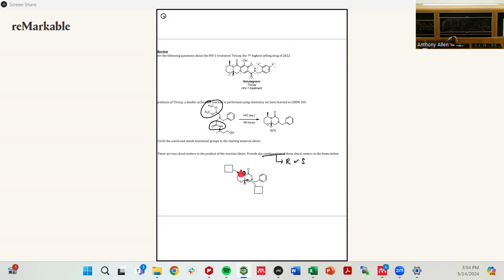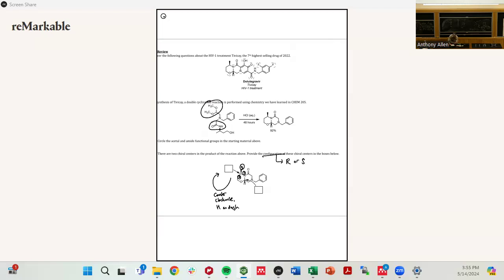It's one, and then this is a carbon, that's a carbon, but this carbon's bound to a carbon, this carbon isn't. So that goes 2, 3. 1 to 2 to 3, counterclockwise, H on dash.